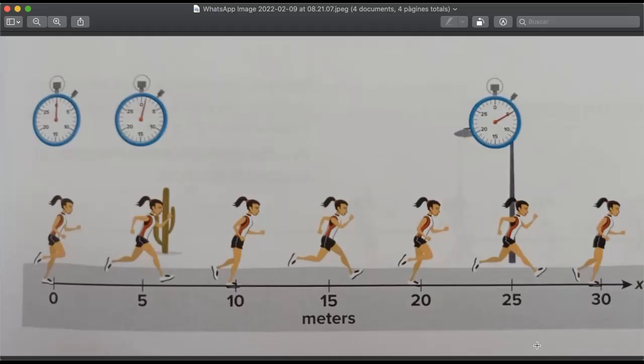Okay, so the difference between two times is called a time interval. For example, the time interval between the lamppost and the cactus will be 5 minus 1, which is 4 seconds.